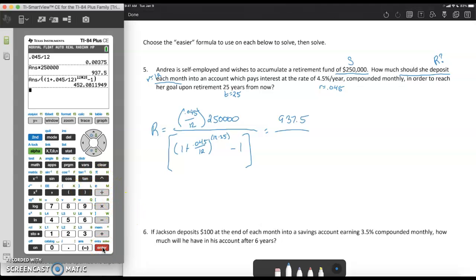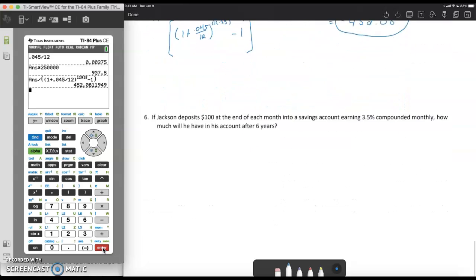This should give us our final answer, $452.08. So that would be her monthly payment amount.